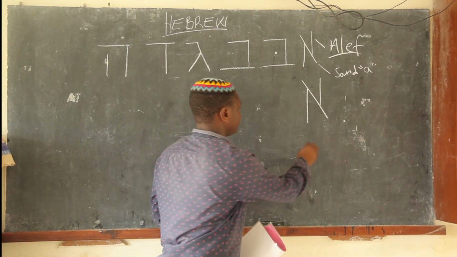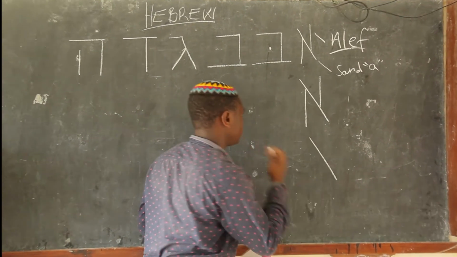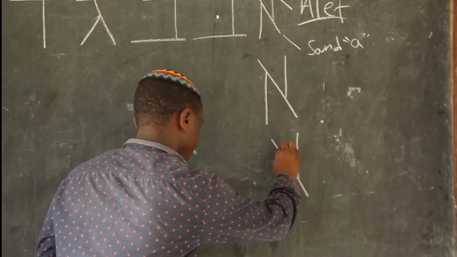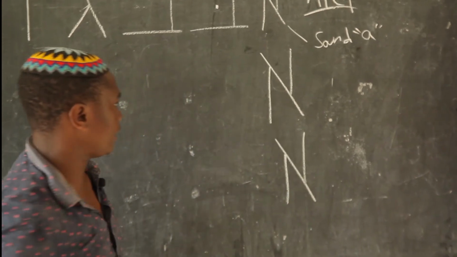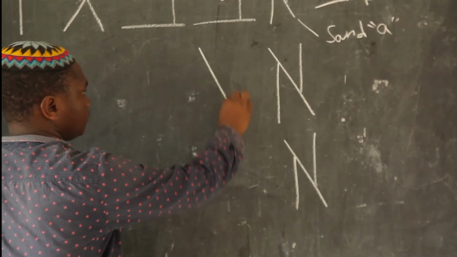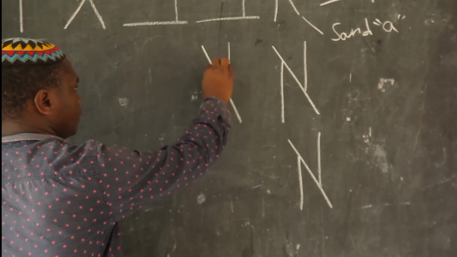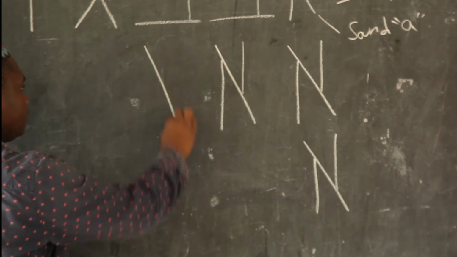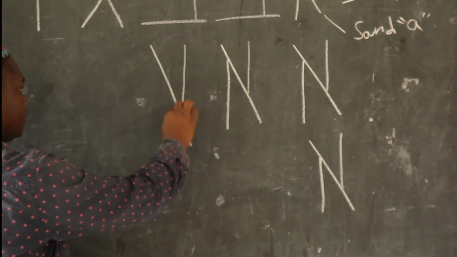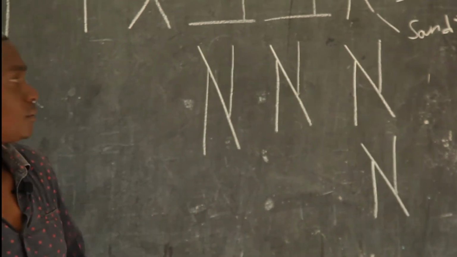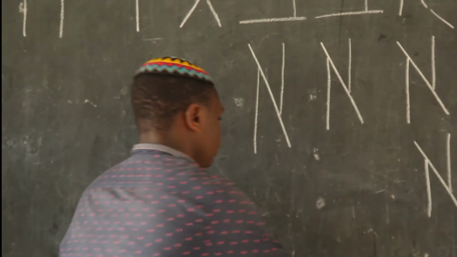One more time: diagonal line, one line down, then one line like that. That is Aleph. I may not be so perfect, but that is the concept. That is Aleph.